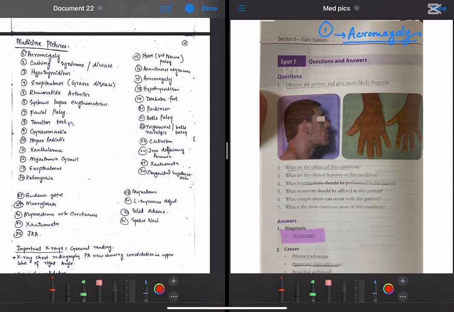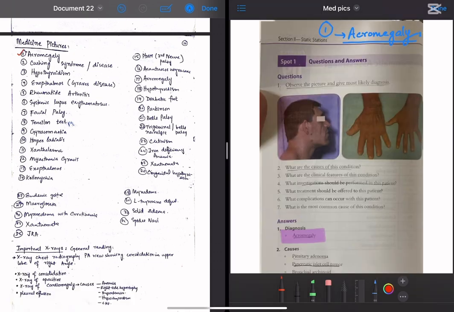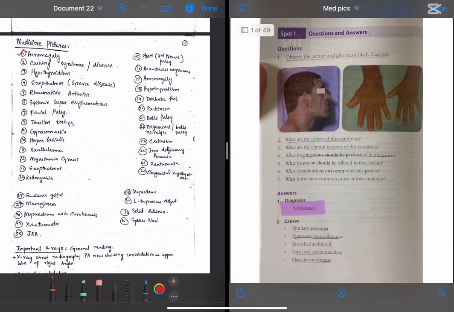So the important cases or pictures that are common in the medicine talks are of acromegaly and Cushing syndrome, hypothyroidism, exophthalmos, rheumatoid arthritis, SLE, facial palsy, tensilon test, gynecomastia, herpes labialis, xanthelasma, myasthenia gravis, exophthalmos and koilonychia.